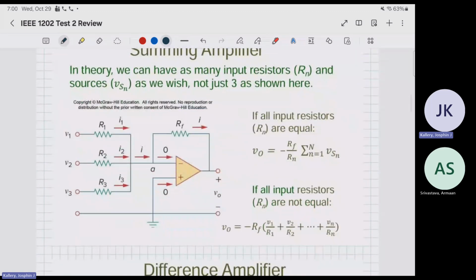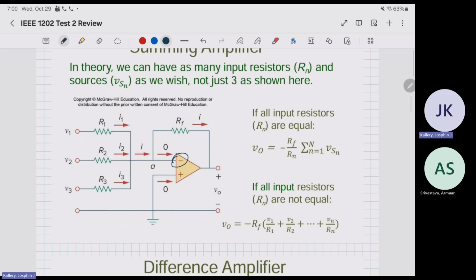A summing amplifier is actually more of an extension of the inverting one we covered first. All your input resistors go to the inverting input, but now instead of just R1, you're going to have multiple. It can be 2, it can be 3, it can be however many. So you're basically summing the input resistors into the inverting input.